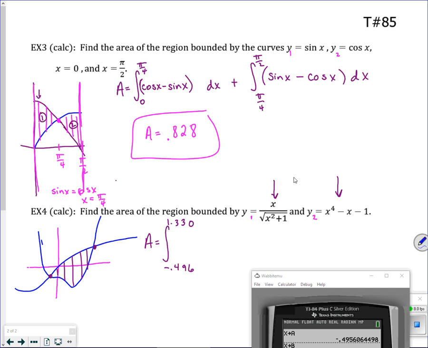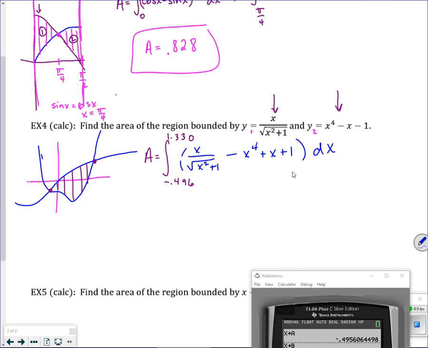If I do top minus bottom, then I'm going to have x over x squared plus 1 minus. You can either distribute the minus yourself. I tend to do that because I forget to do parentheses. So I like to just change the signs of everything. So notice it would look like this. And that would be my equation.